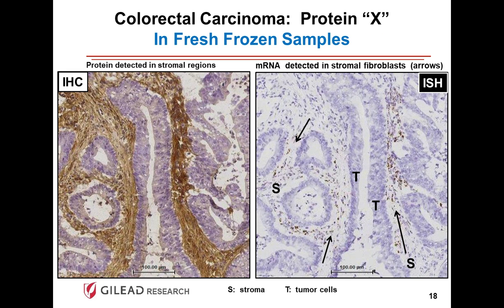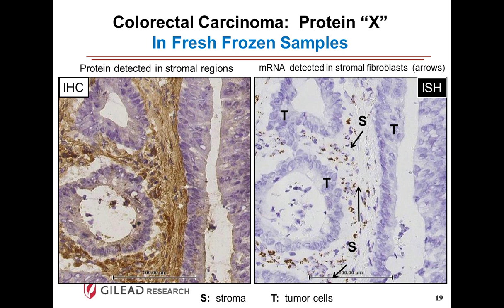Is this correct? The way we were able to answer that question is if you look on the left, there's IHC on fresh frozen tissues, and on the right, we did in situ hybridization on the fresh frozen tissues. The S stands for stroma. These are serial sections. We were able to detect the mRNA of protein X in the stroma and little to none in the tumor cells.